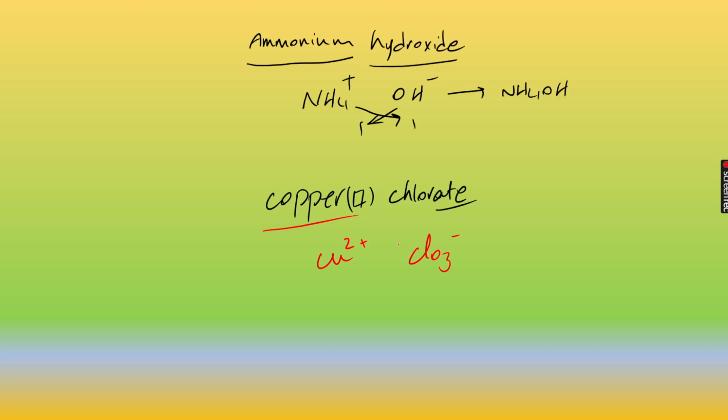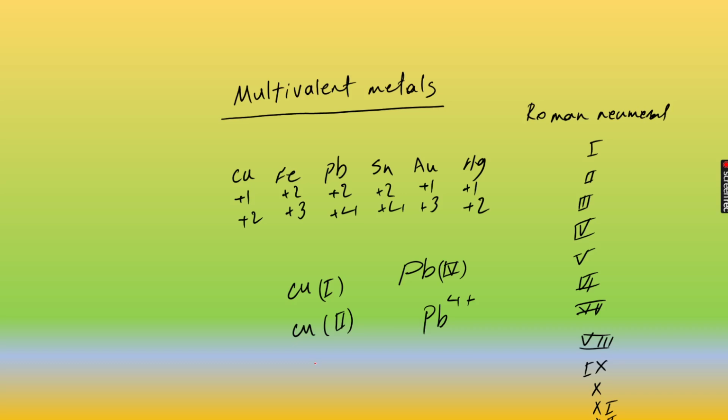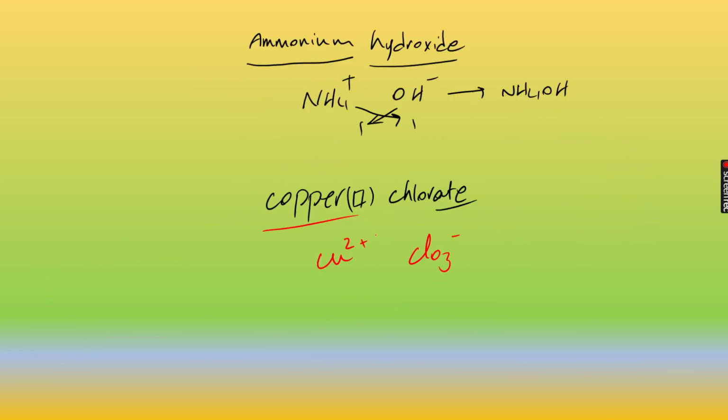You remember that? Go to this page. Where is chlorate? Chlorate should be here. Look, chlorate, ClO3. The copper gives 2 to the ClO3, and ClO3 gives 1 to the copper. It can create Cu(ClO3)2. You do not need to write 1, and the ClO3 goes in parentheses with 2.